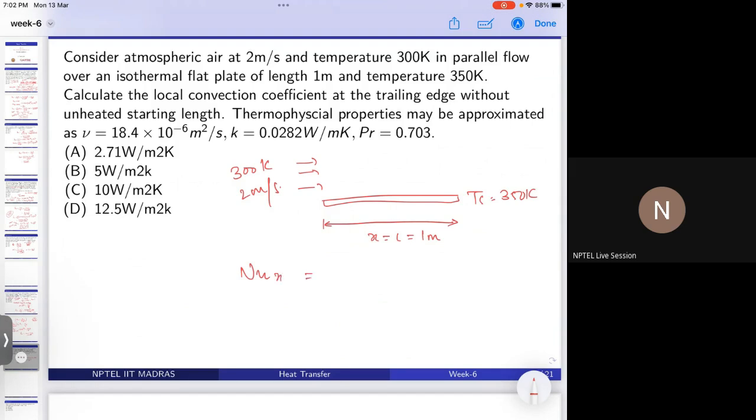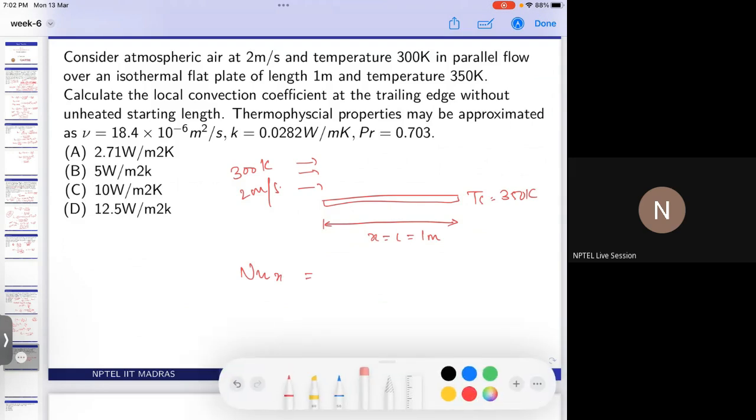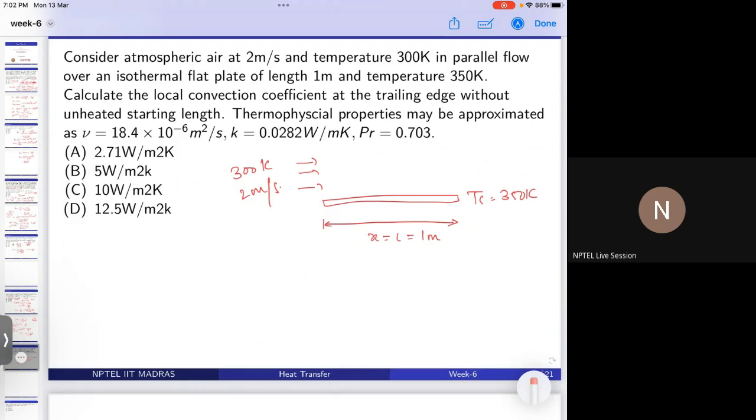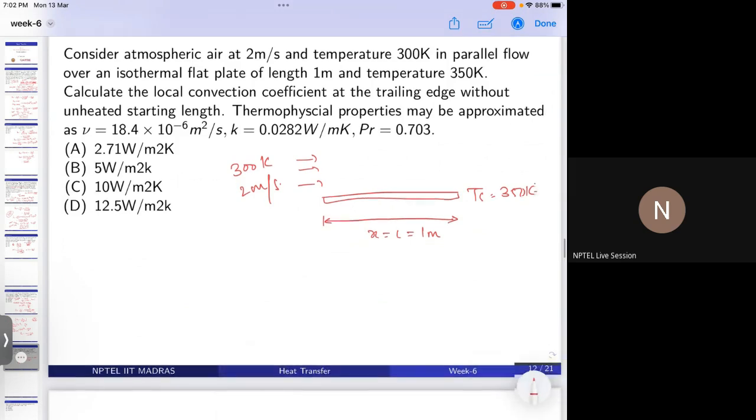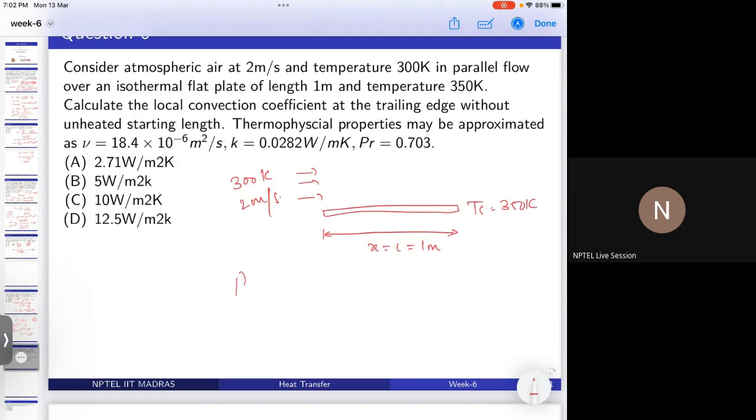So first we have to find out what is the Reynolds number, because like in the previous question, there is no mention that it is turbulent from the initial onwards. So we have to check what is the Reynolds number at x is equal to L. It is U infinity L divided by mu. That is 2 into 1 divided by 18.4 into 10 raised to minus 6.